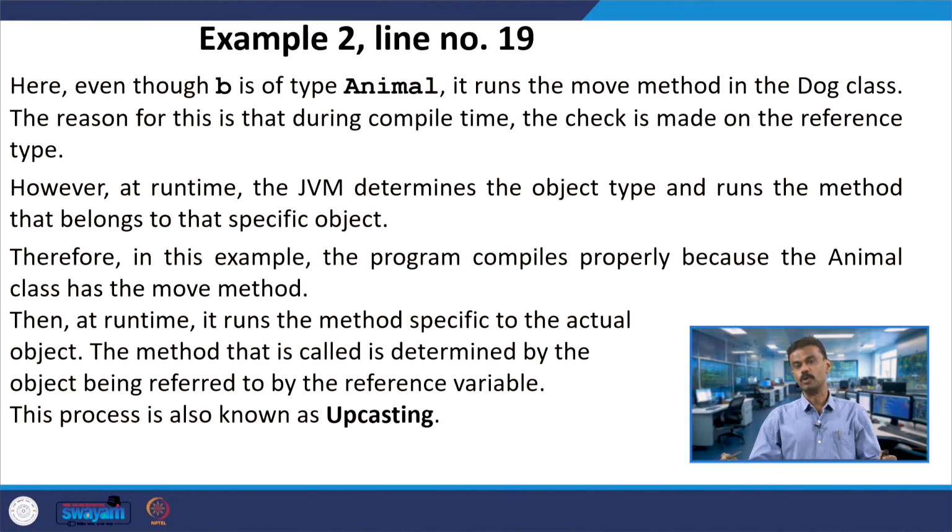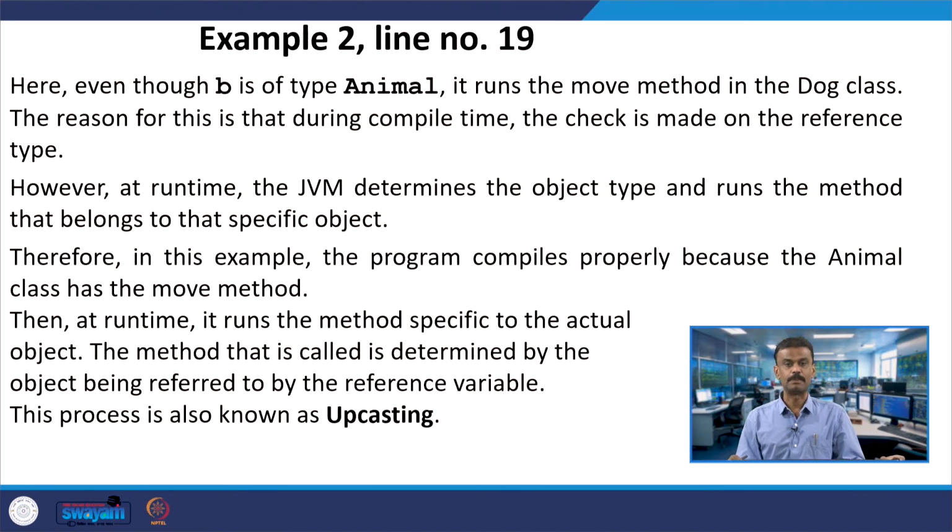Therefore, during runtime, the Java Virtual Machine determines the object type and runs the method that belongs to that specific object. During compile time it is Animal, but during runtime it becomes Dog.